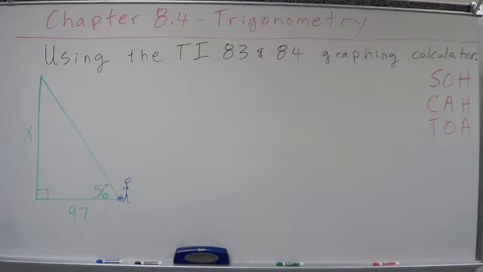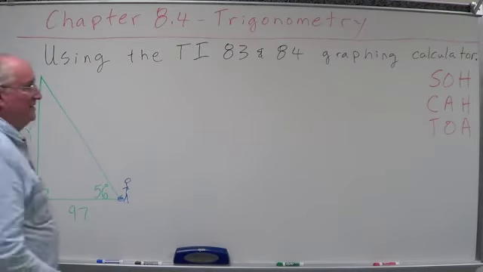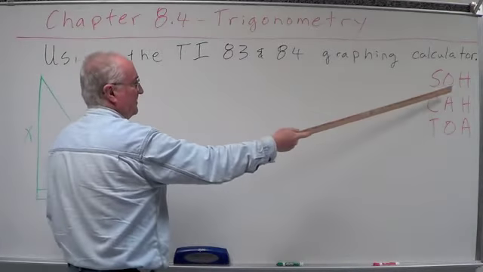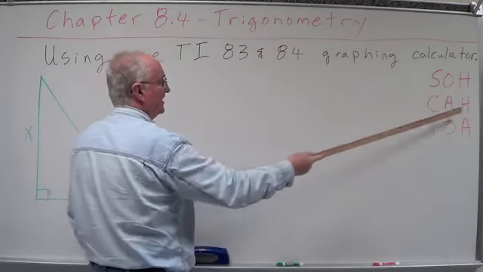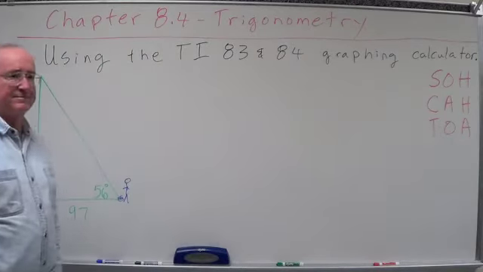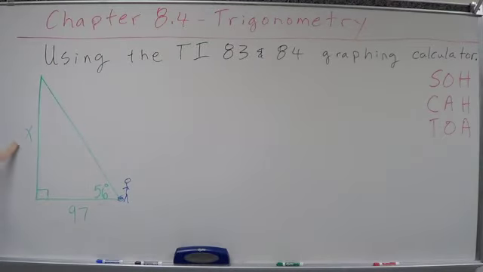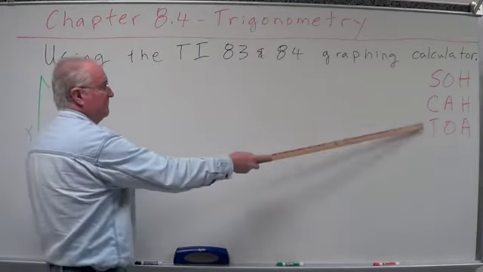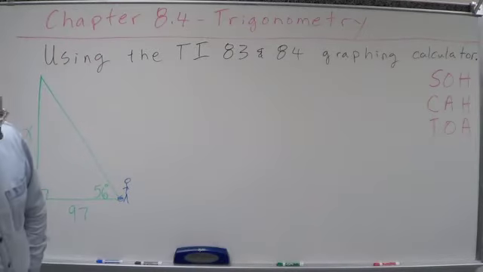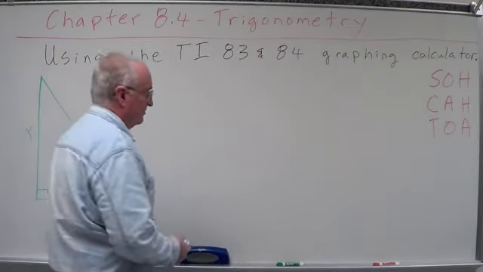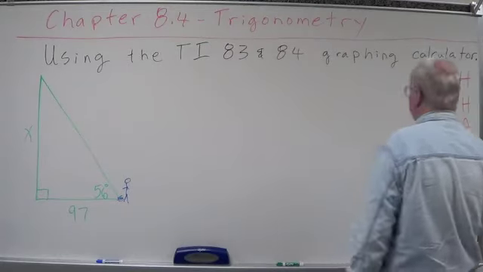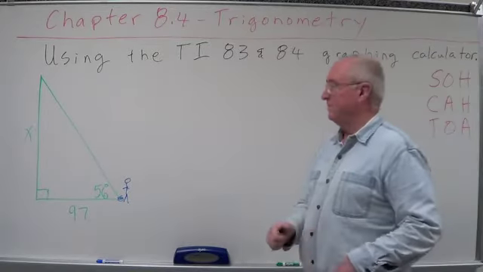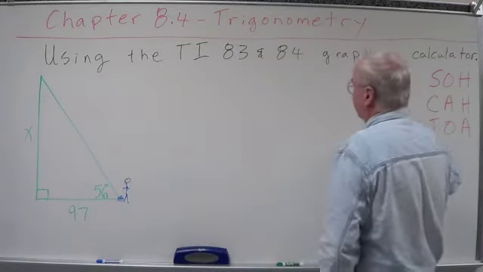There's no hypotenuse involved here, is there? Sine involves hypotenuse. Cosine involves hypotenuse, doesn't it? If there's no hypotenuse involved, then we're going to be looking for the tangent. We're going to use the tangent to solve this problem because there's no hypotenuse involved.